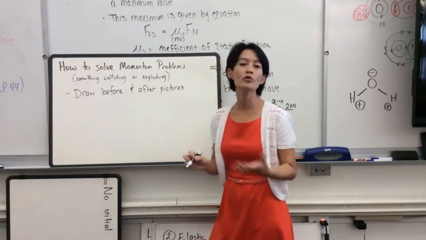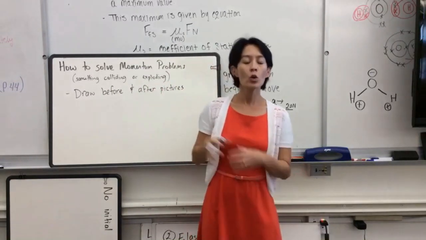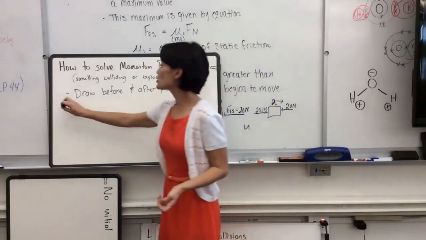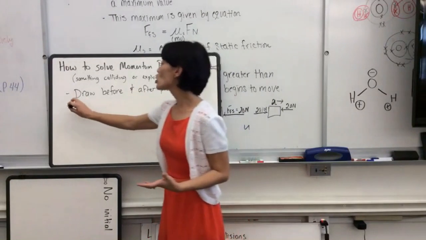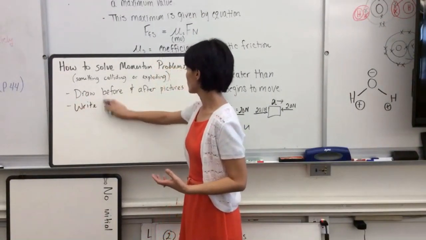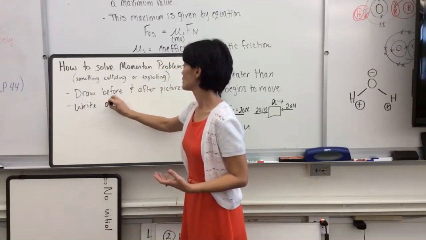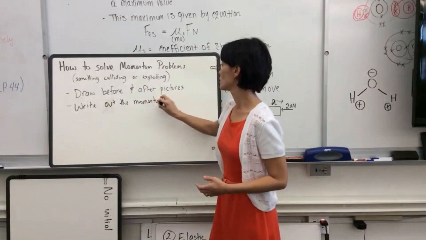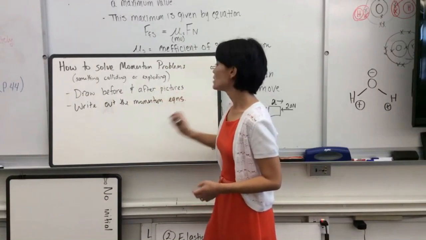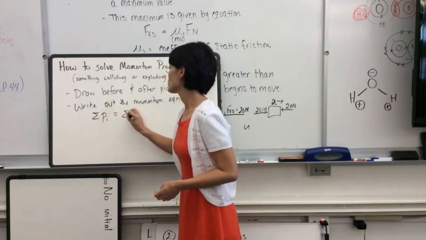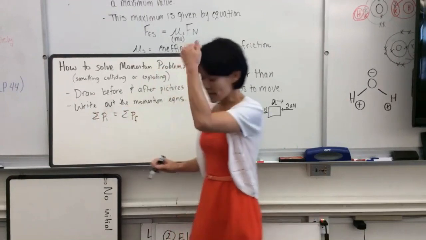And look at what is moving to begin with. What has momentum to begin with? What has momentum afterwards? And then set those things equal to each other. Just like we would write out our force equations, we're going to write out the momentum equations. So our initial momentum is equal to our final momentum, and then you're just going to solve.